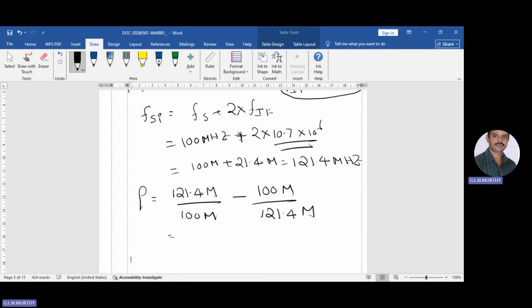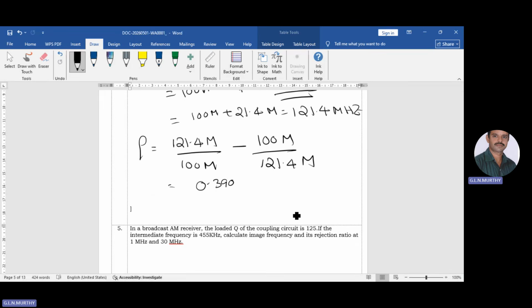Get your calculator and calculate the value. It will be around 0.390. Verify once. I think it's right.